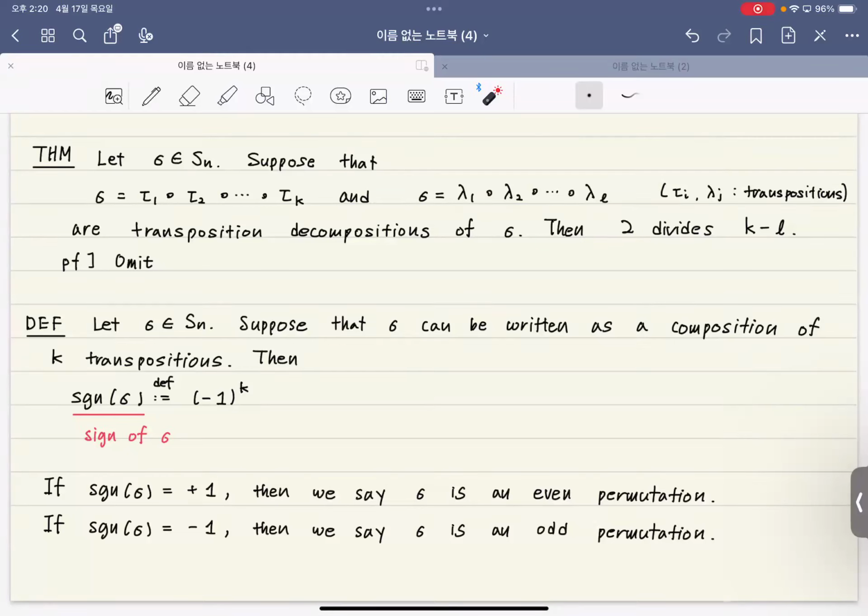I believe you must be wondering why I just turned to this group theory. This group theory is very much related to the computation of the determinant.